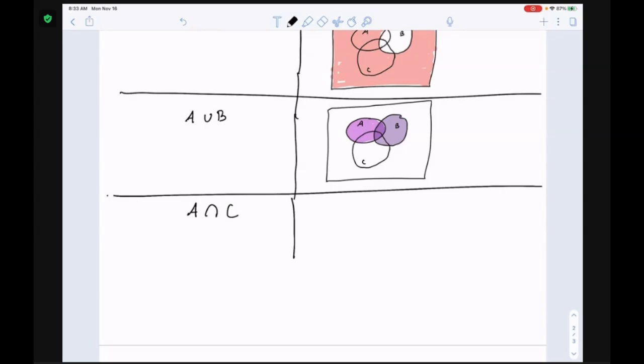Correct. And which part of it is going to be? B. There's no part of C. No, there's nothing in C. We can ignore C. I say B. It's not B. It's just going to be the little part.